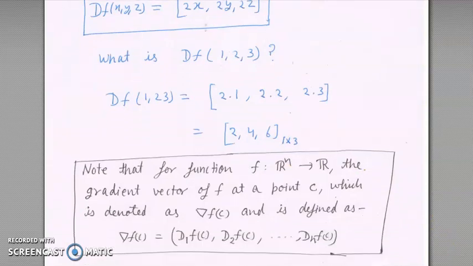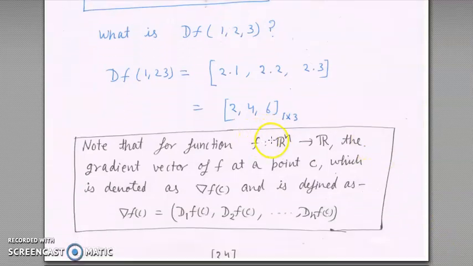Now note one thing: if f is a function from Rn to R, the gradient vector of f at a point c is defined as ∇f(c). The symbol is nabla, but it is read as del of f(c). We read del for gradient, so this is also called the gradient of f at c.